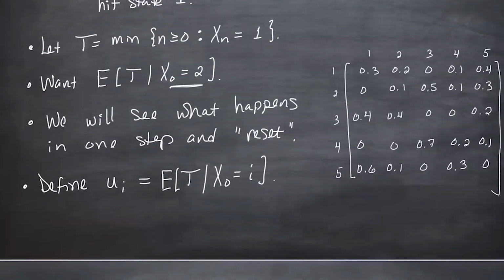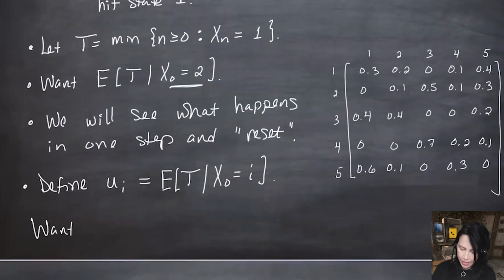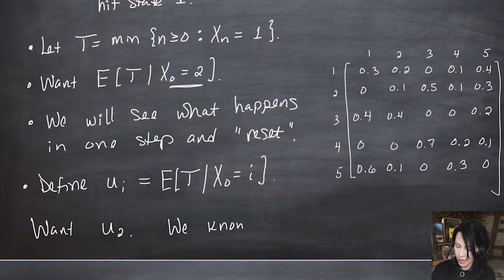And what we want to find is u2. And given how we define T to be the first hitting time, which can start from 0, on state 1, we know, for example, that u1, starting from 1, how long does it take you to the very first time you hit state 1? It takes 0 steps.